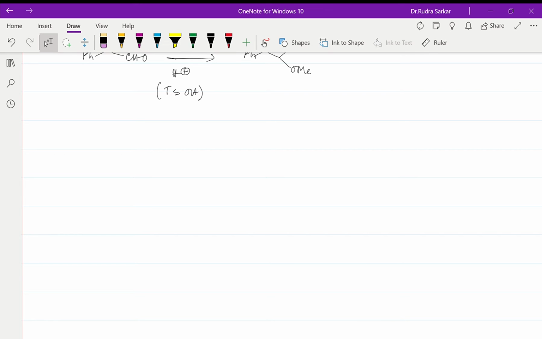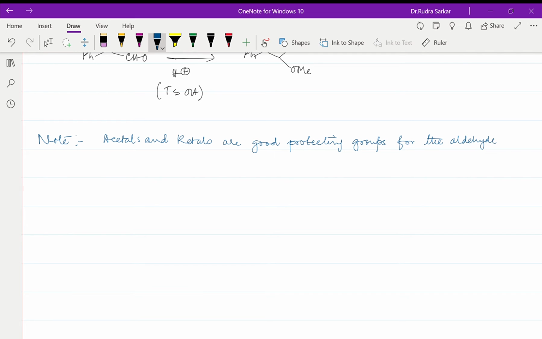One should note over here an important factor, which is acetals and ketals are good protecting groups for the aldehyde and ketones.